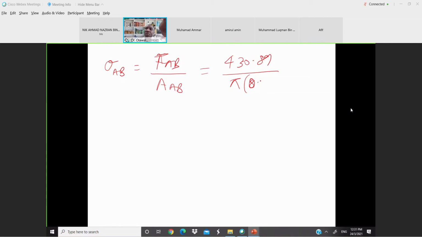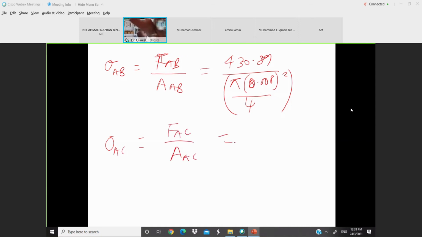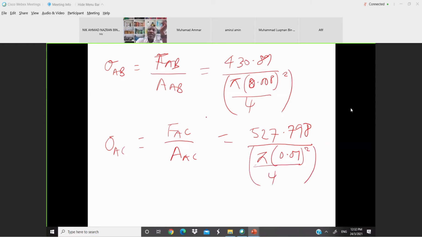That's 0.008 squared all over 4. Then sigma AC is FAC all over AAC, which is 527.798 divided by pi into 0.01123 squared, all over 4. So you can get your answer here and your answer here.